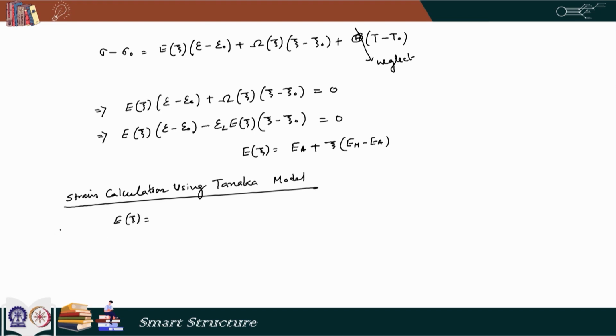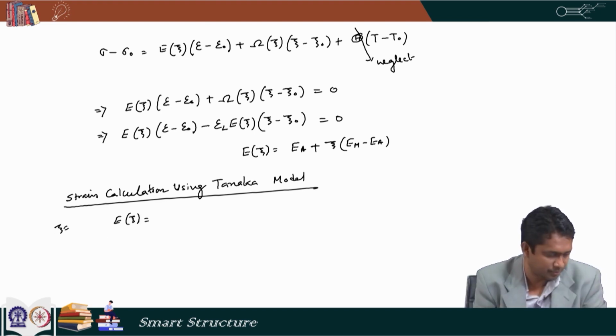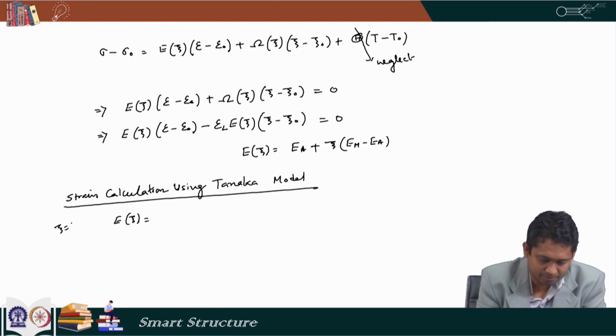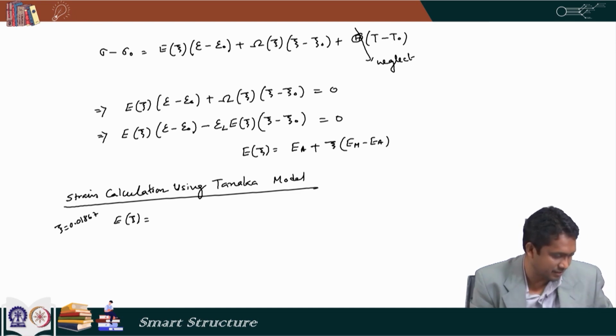So when xi is equal to the value that I got, 0.01867, so for that xi our E is, so we do not need to write it E xi anymore.